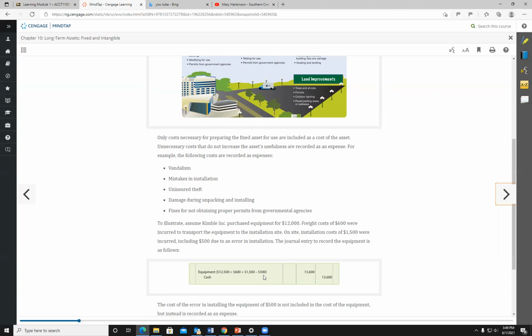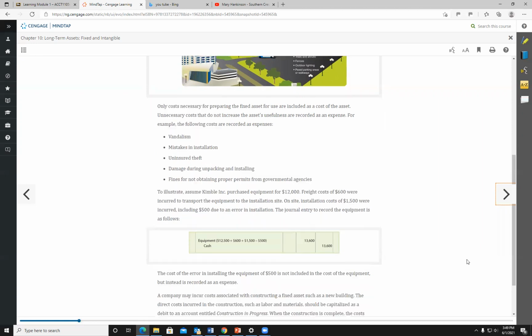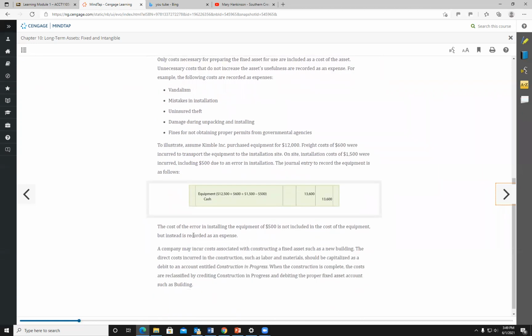We talked about how mistakes in installation should not be part of the cost of the fixed asset, so that's why we reduced it by $500. The total cost of that equipment is $13,600. Again, the cost of the error in installing the equipment of $500 should not be included, and therefore is reduced.